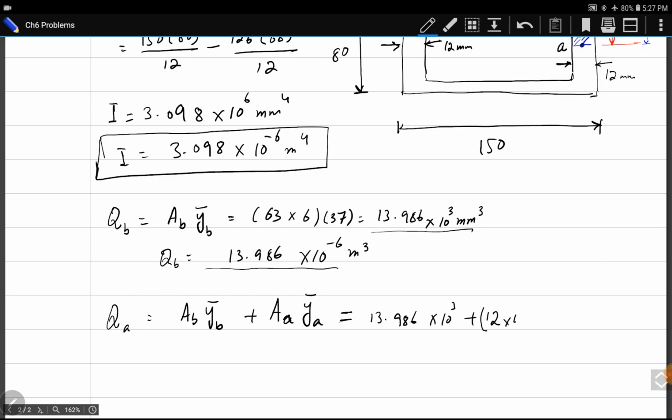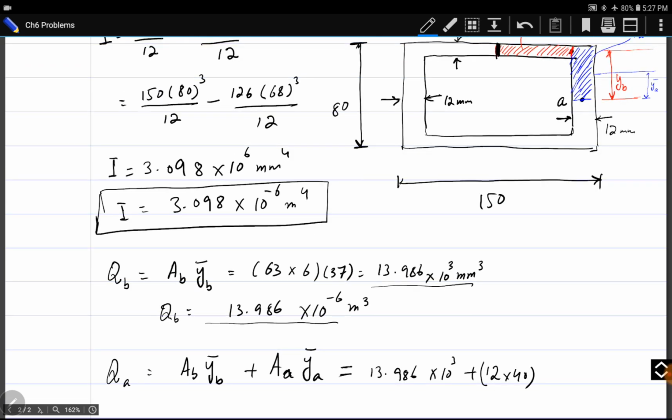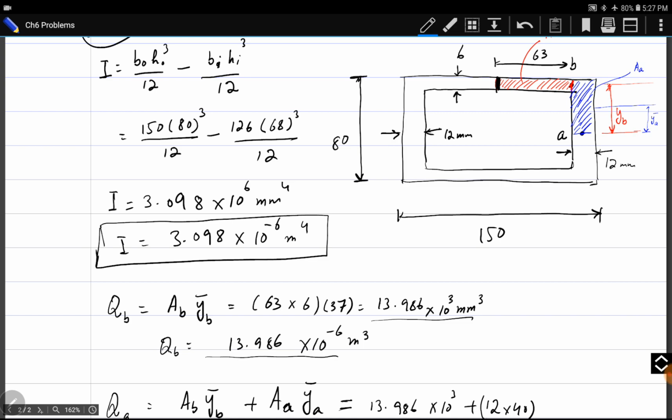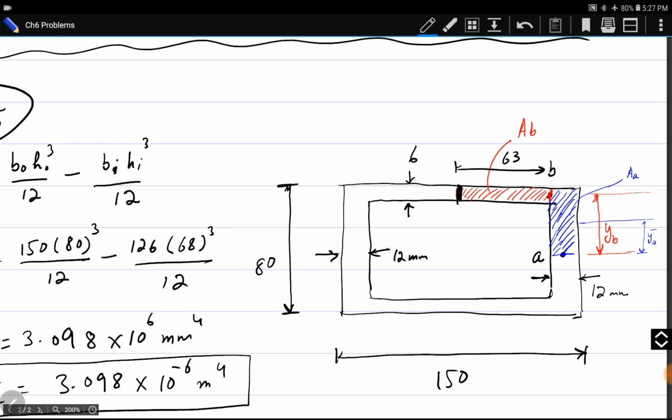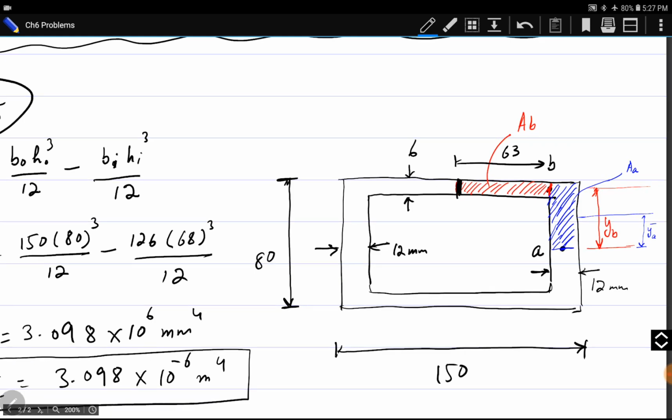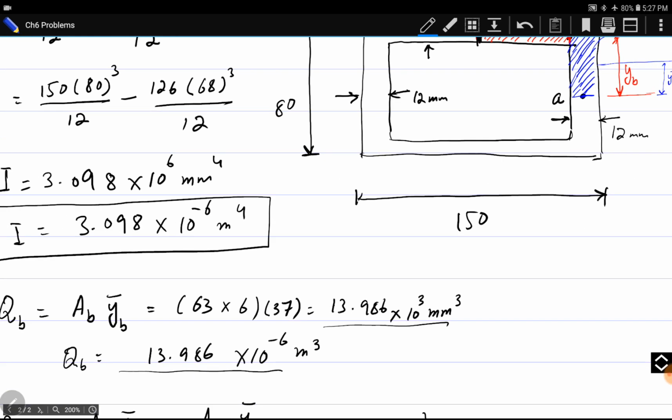12 into 40 and YA is half of 40. Height from the midpoint till the outer section is 40, so YA is equal to half of 40, it is 20.